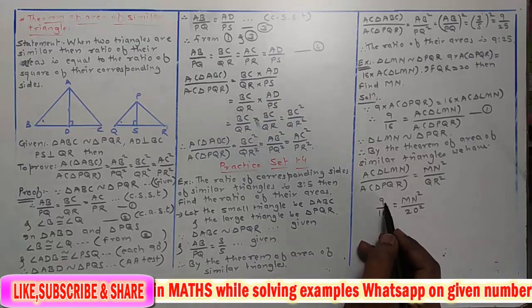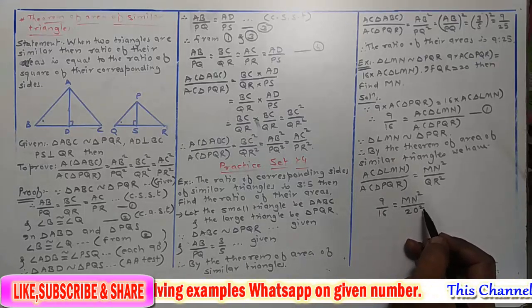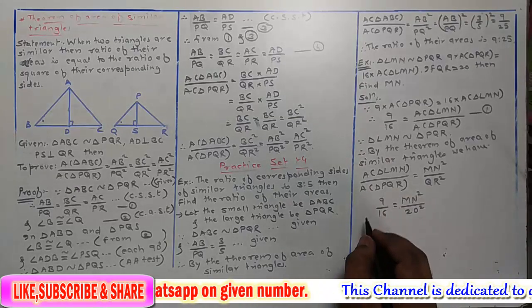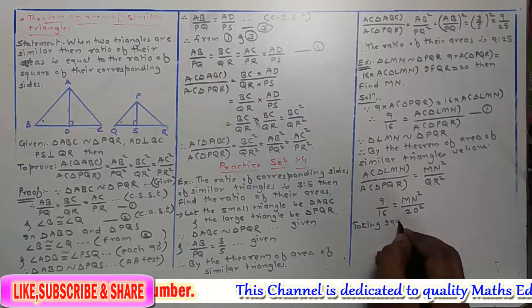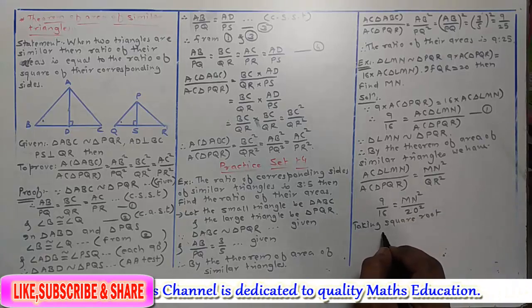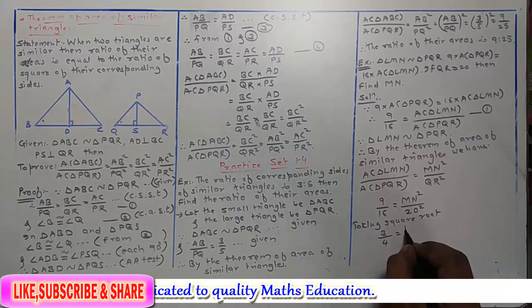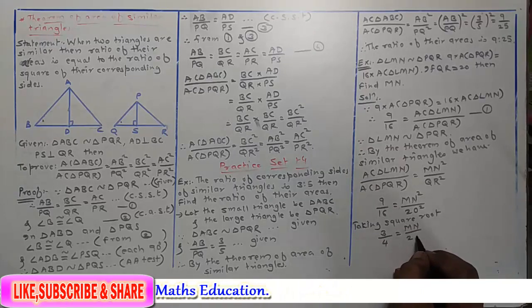Okay, now 9 is a perfect square, 16 is also a perfect square, MN square is there and 20 square is there. That means all these quantities are square quantities. To remove that square, taking square root. So you will get square root of 9, that is 3, upon square root of 16, that is 4, is equal to MN upon square root of 20 square, which is 20.